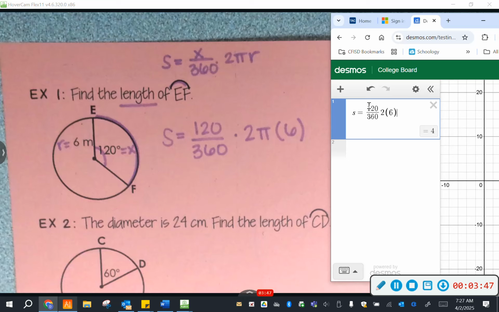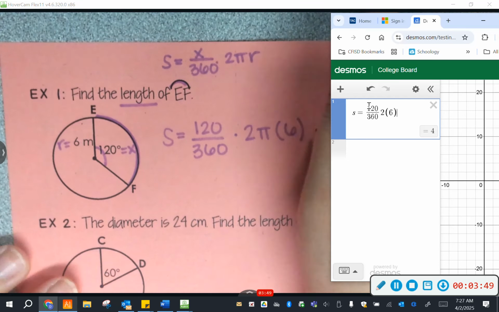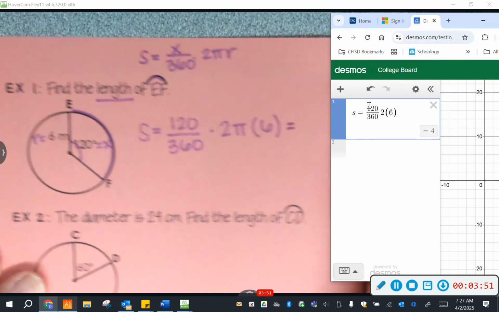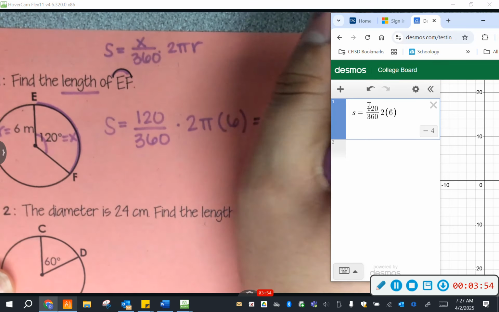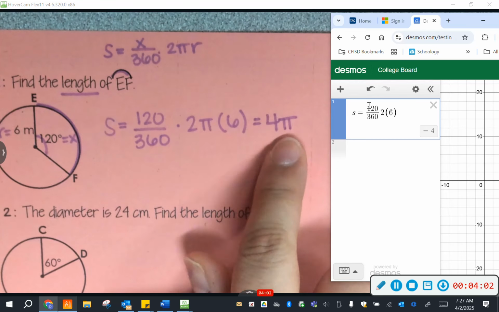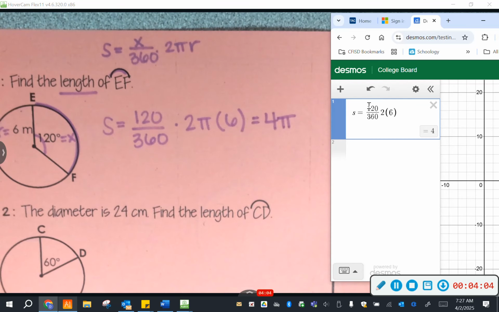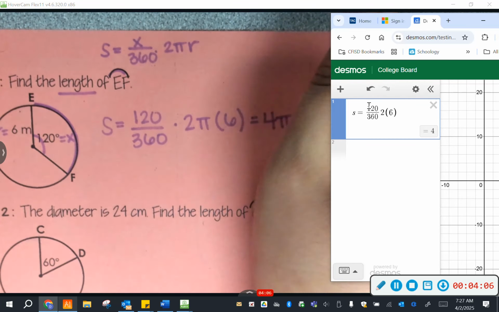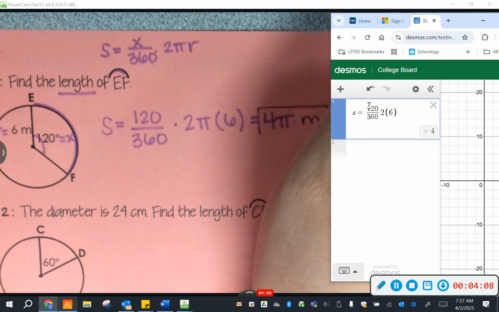So your answer, when you give me an answer, is going to be 4, and then your answer is going to have pi in it. So when you type it in the calculator, you don't put pi the first time. So 4 pi, what's my units here? Meters is my answer.